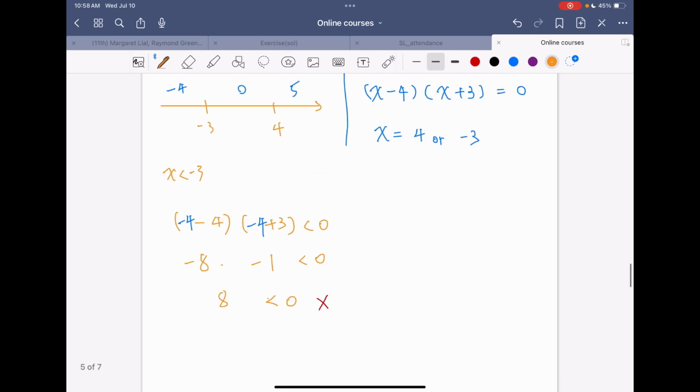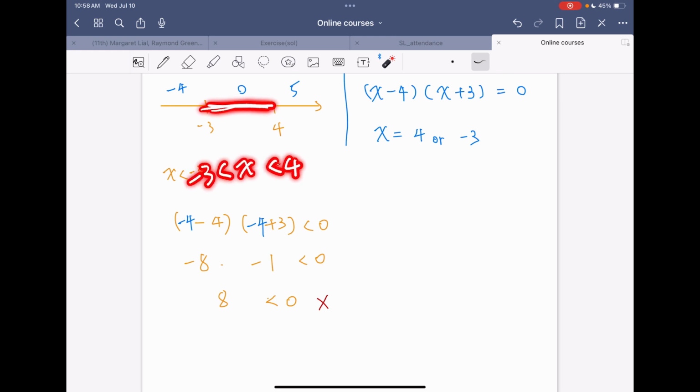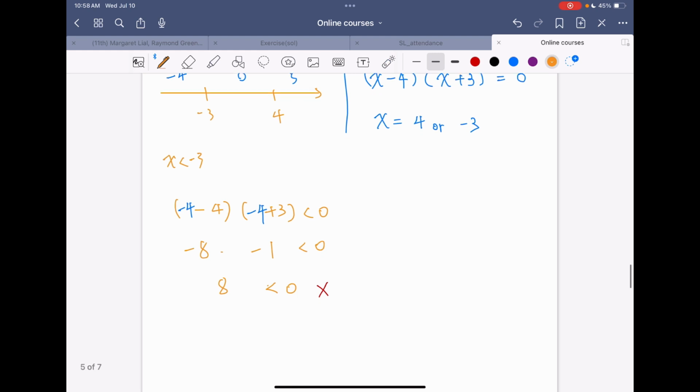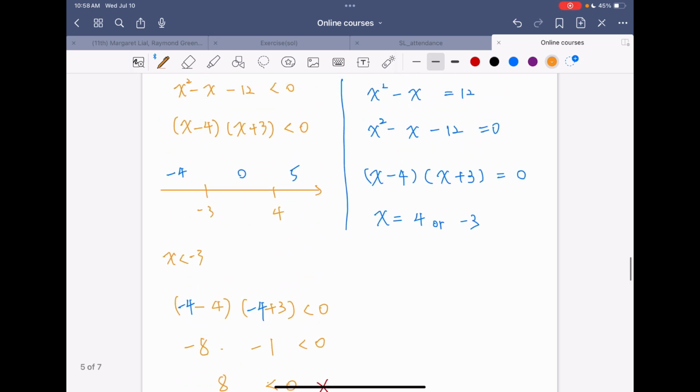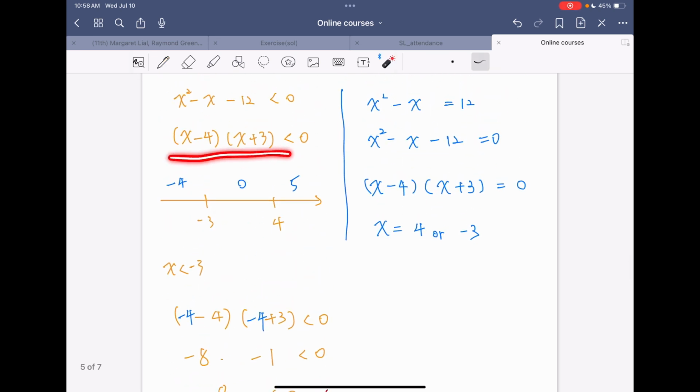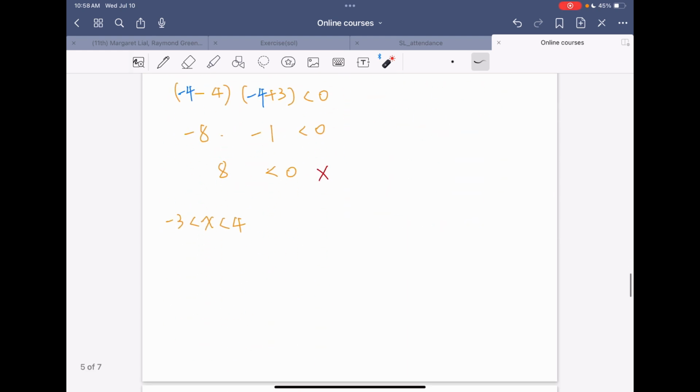Next, we're going to test this area, that is x is less than 4 and greater than minus 3. The number we're going to use is 0. So this is the area, minus 3 less than x less than 4. And then we use this inequality down here.